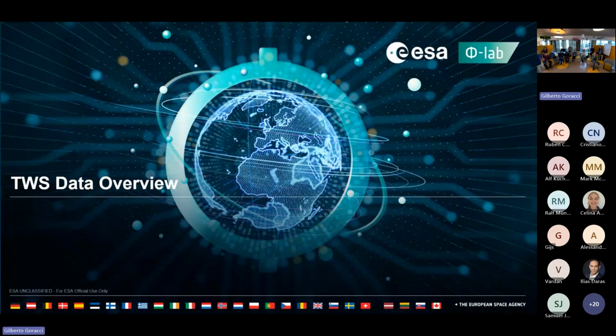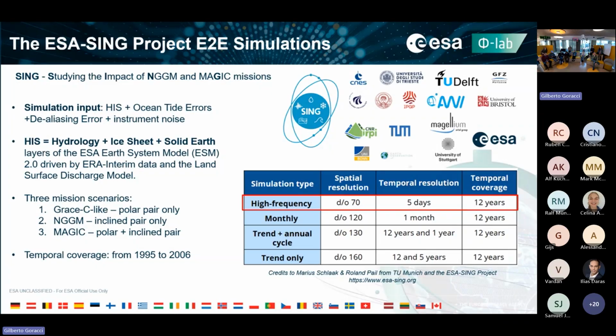How do we process this terrestrial water storage data? The framework of this project is the ESA-Sync project end-to-end simulations. These products come from the hydrology, ice sheet, and solid earth layers of the ESA Earth System model, which are then combined with ocean tide errors, the aliasing error, and instrument noise expected from the missions.